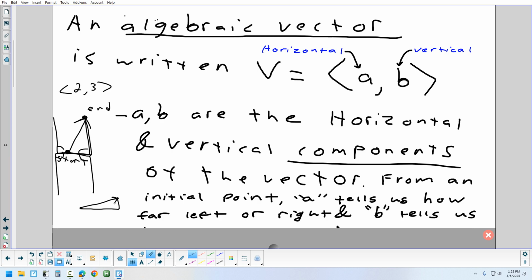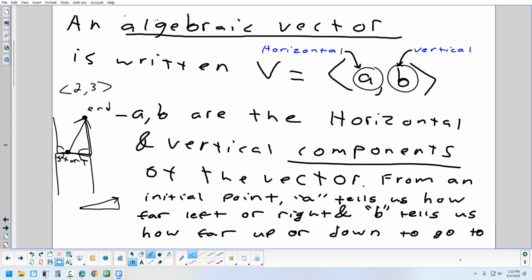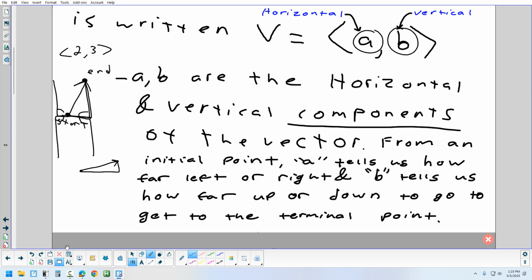This number tells you from the start point how many units left or right you need to go. And this number tells you how many units up or down. So the A tells you left and right, and the B tells you up or down.